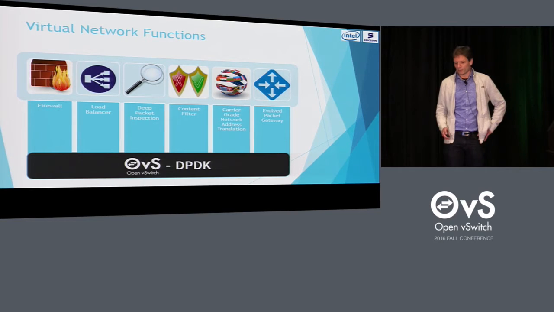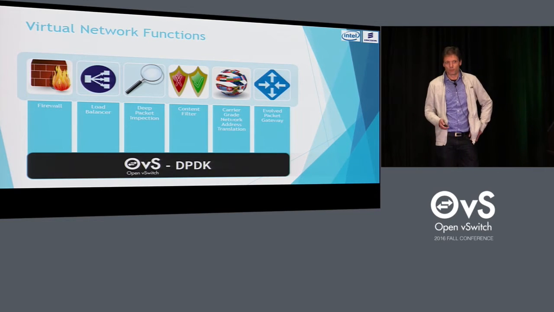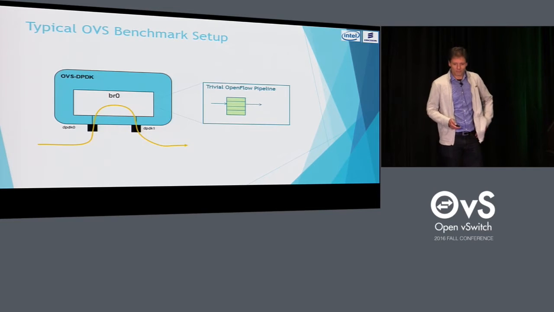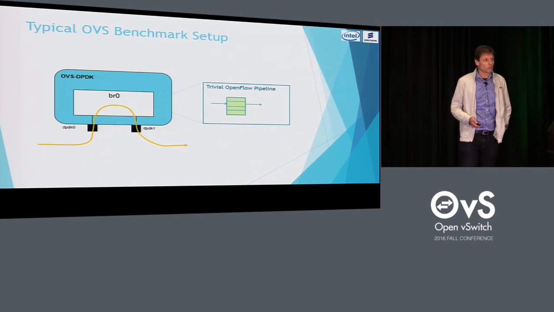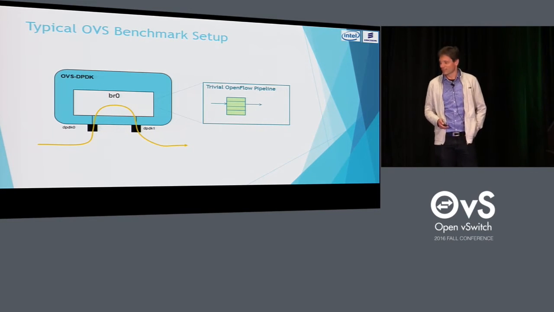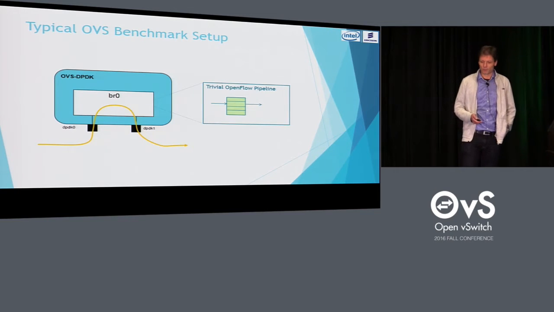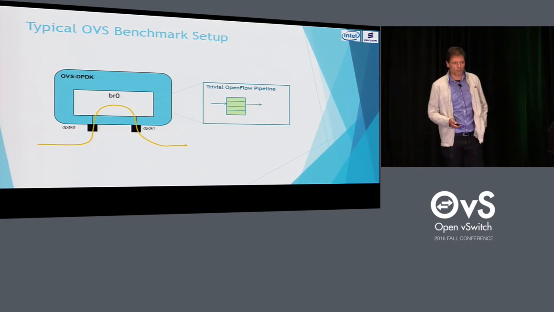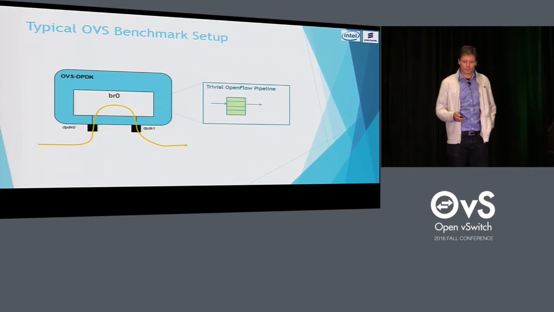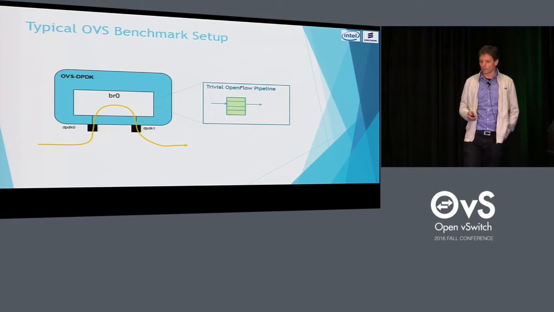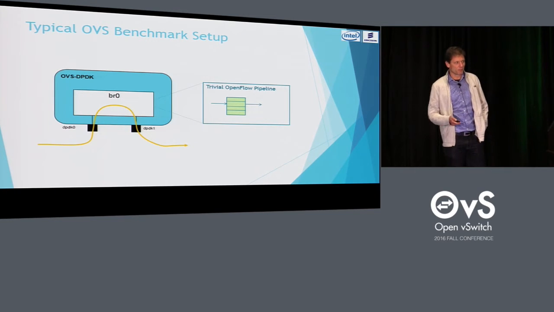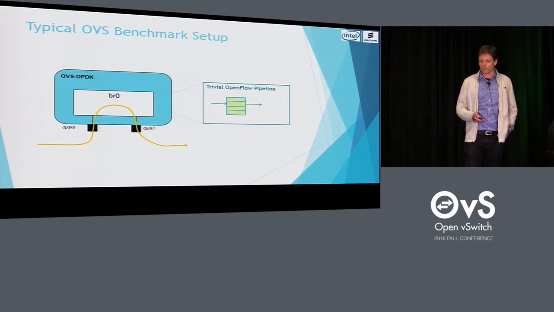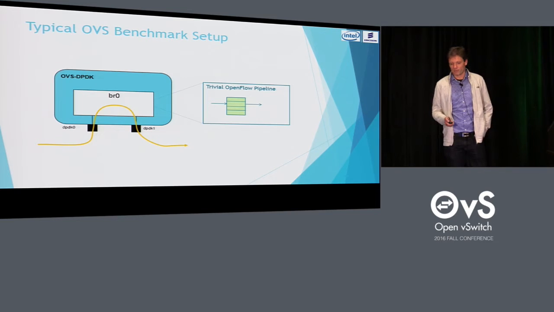And in order to answer that question, you really have to run meaningful benchmarks. And typically, the OVS benchmarks or any vSwitch benchmarks are rather simplistic, right? You have two physical ports. You feed packets from one physical port to the other. In the case of OVS, you often have a trivial pipeline, a single table matching on one or two fields, no packet modifying actions, just sending out on the out port, and that's it.